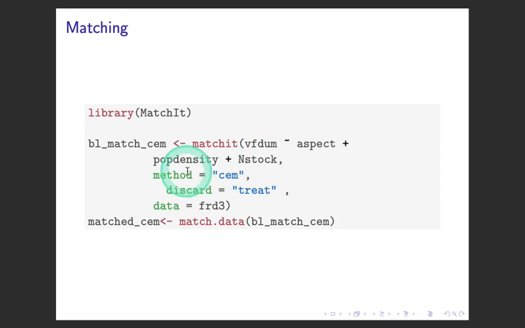The method we will use is coarsened exact matching. Exact matching, say, would be, suppose we're looking at years of education, so many years, so many months, and so many days. Getting an exact match would mean we exactly match the treatment and control observations on the exact number of years, months, and days of education the person has received.